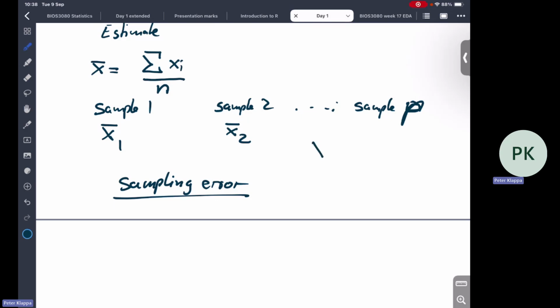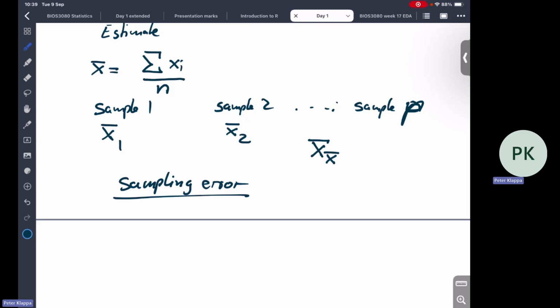And then we can calculate the mean. We treat every mean from each sample as a data point. We calculate the mean of the means. That is exactly what you just said, isn't it, Callum? We calculate the sample mean of the sample means.